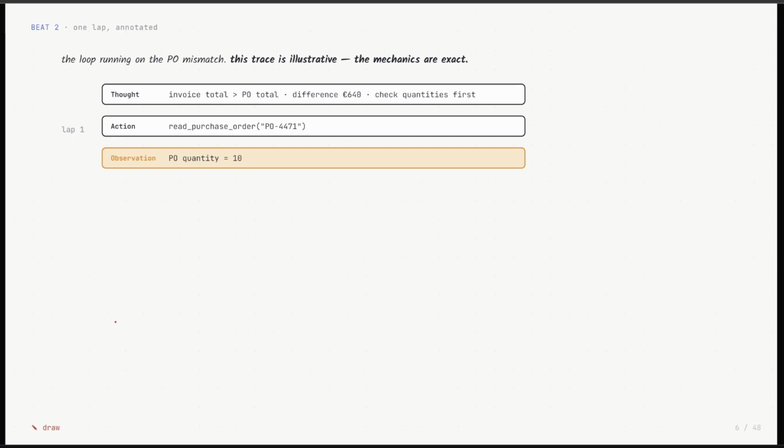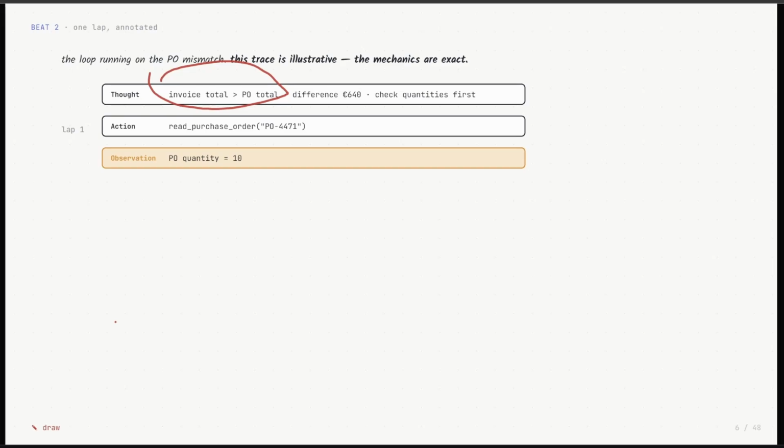So here you have the purchase order mismatch from the previous episodes. Let's look at the trace and we will see how the mechanics look. Here we have the invoice total exceeding the PO. That's the thought. That's an issue, right?